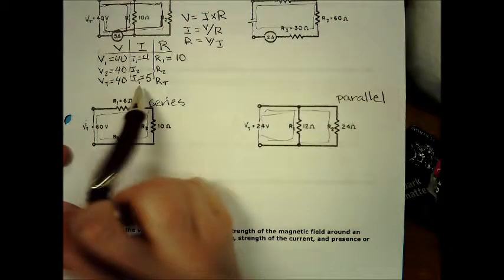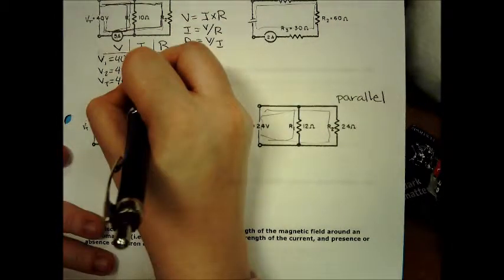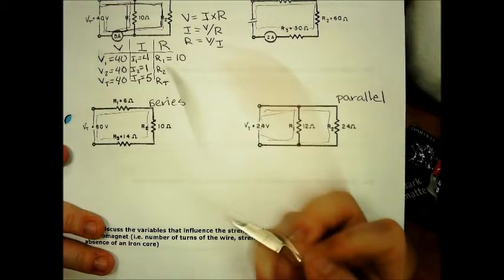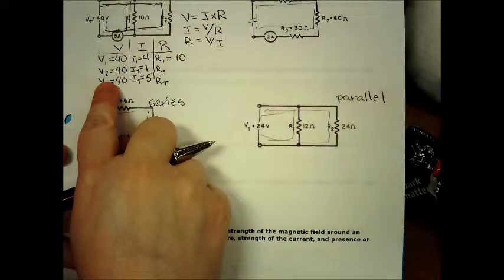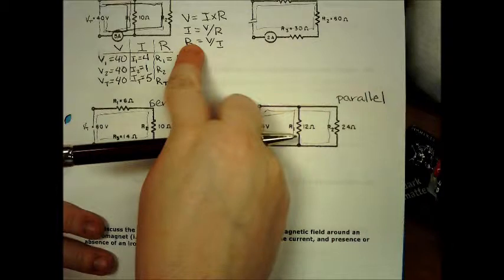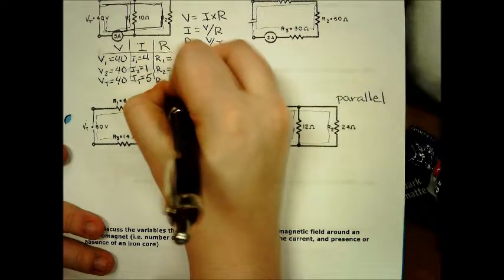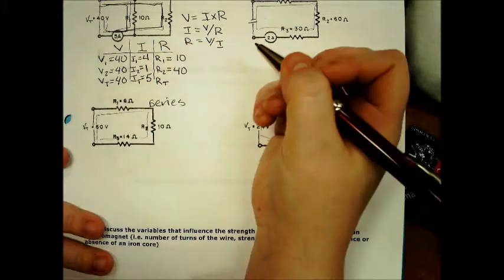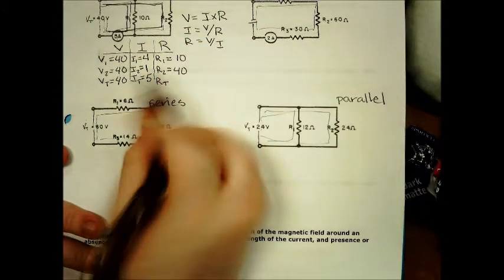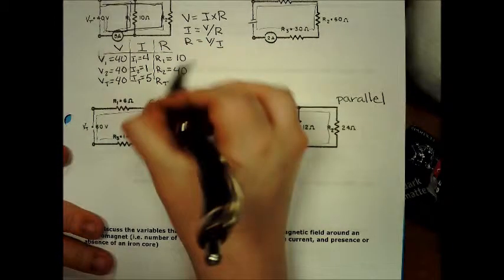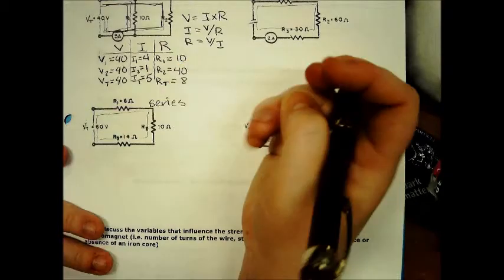In a parallel circuit, the currents have to add up, so I2 must be 1. Then we can use R equals V over I. 40 divided by 1 is 40. And then R total, 40 divided by 5 is 8.